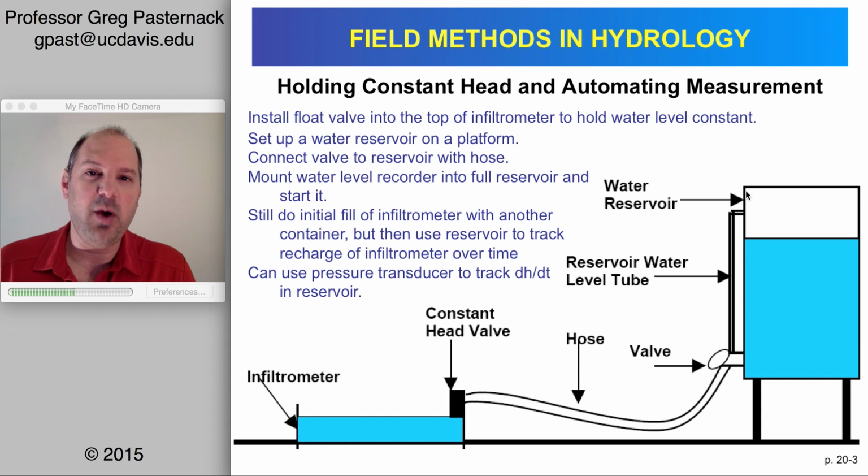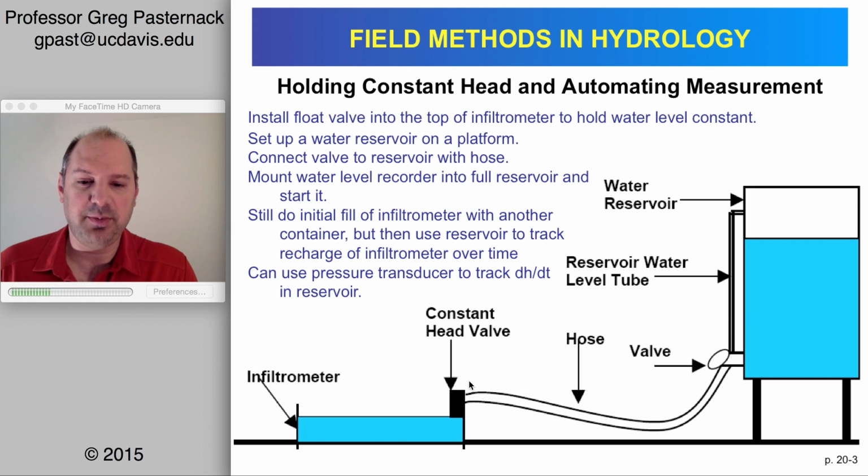An even better way to do this would be to put a depth sensor, a pressure transducer, into the tank, and let it be level at the start of the experiment, record in 1 second intervals, and just let the water depth change through time be recorded. Multiply that by the area of the cylinder of the water reservoir, or whatever the shape of the reservoir is, and then integrate that through time to get your volume of infiltrated water.